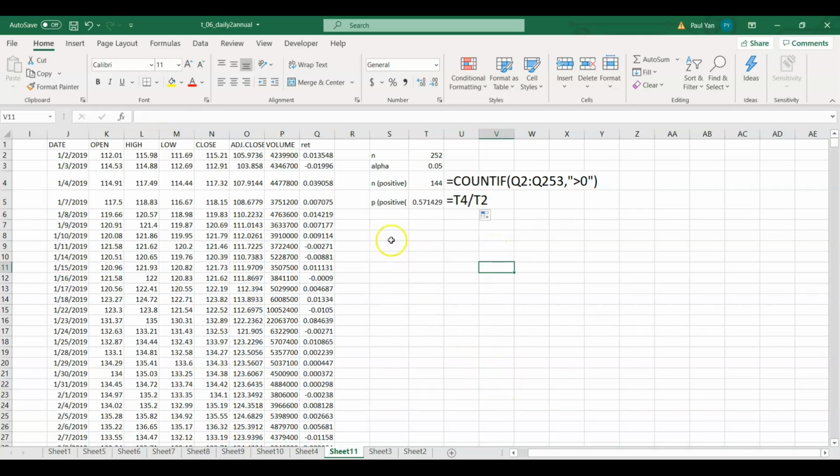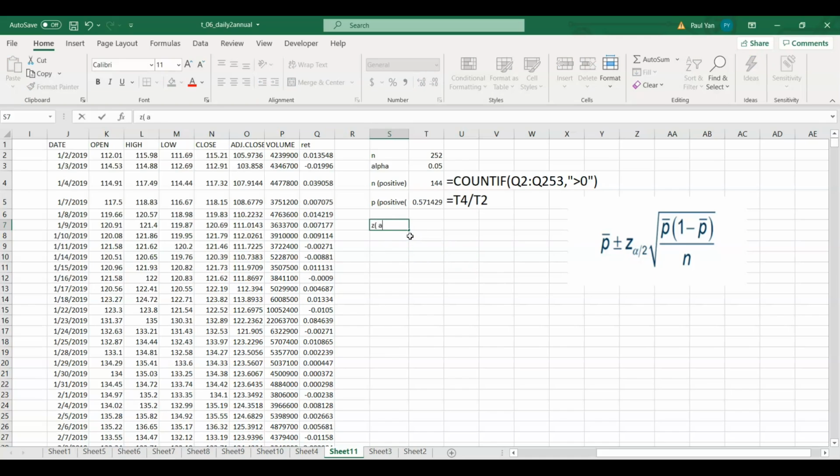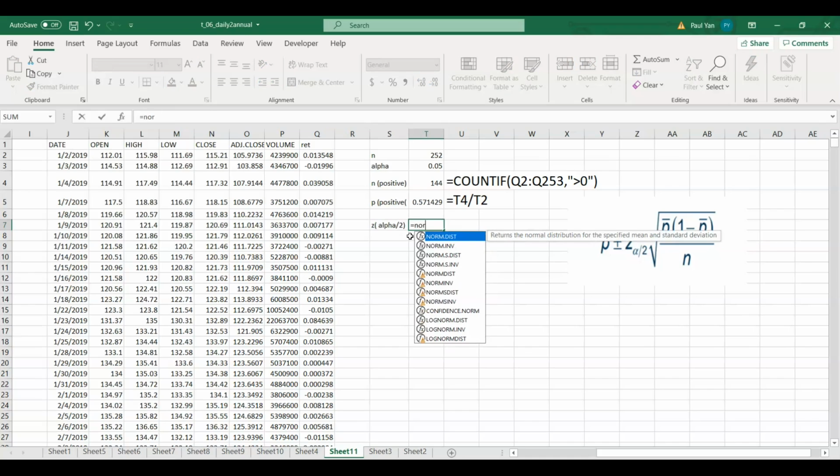Next we are going to calculate the margin of error. I'm going to paste our formula. We have our formula here, right? So we need to calculate this Z, at half alpha, alpha divided by 2, because it's two-sided. So this is NORM.S.INV, the inverse.